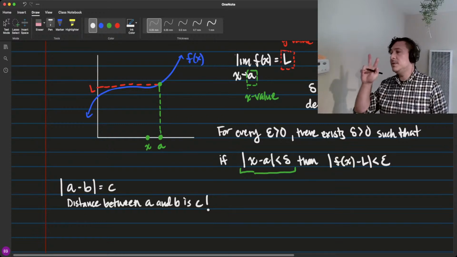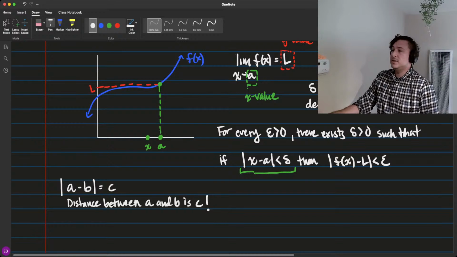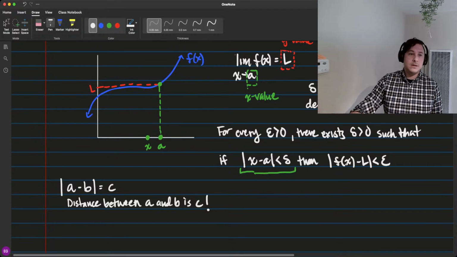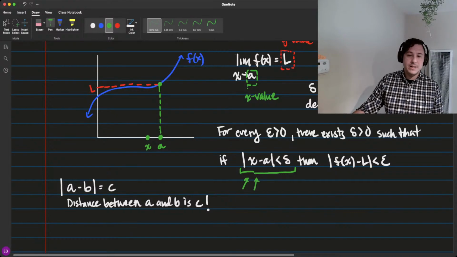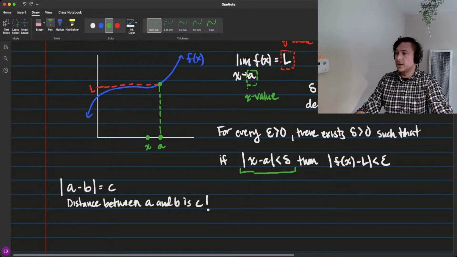So you have two things being subtracted inside an absolute value. If you take the absolute value of two things being subtracted, that tells you how far apart those two things are. So if you look back over here, you have x minus a. You're taking the absolute value, that means you're going to figure out how far apart x and a are from each other.